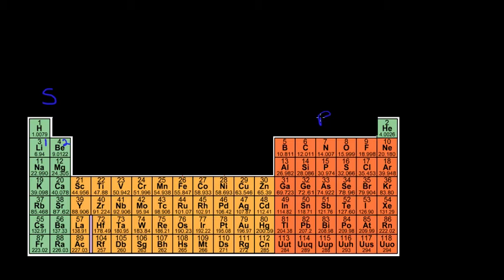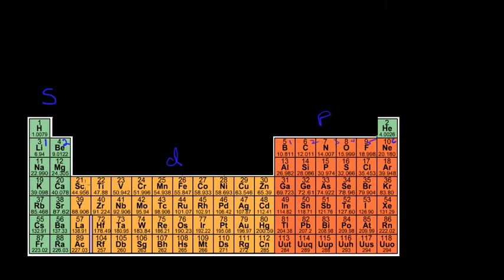And then we go over to the orange. This is the p orbitals, and you can see that there are 6 going across: 1, 2, 3, 4, 5, and 6. Those represent the 6 electrons that can fill that orbital. And then we have the d, and d can contain 10.